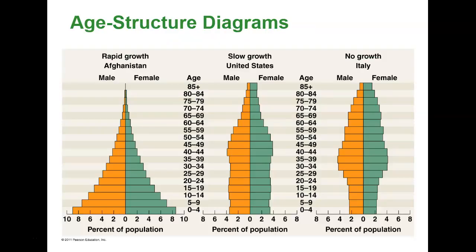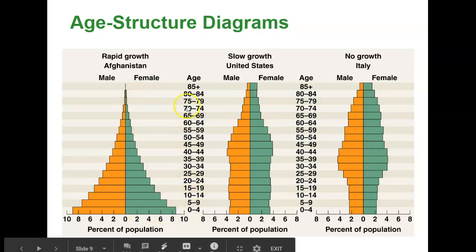So here's a couple of different countries to show you what those age diagrams might look like in the percentage of populations. So Afghanistan, for example, has a ton of growth. They are in the rapid growth category. You can see males on the left, females on the right, and the percentage of the population. The age is youngest at the bottom to oldest at the top.